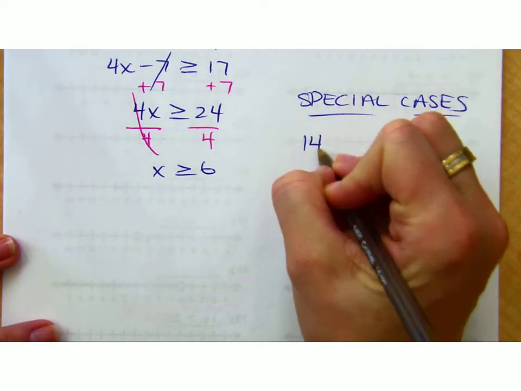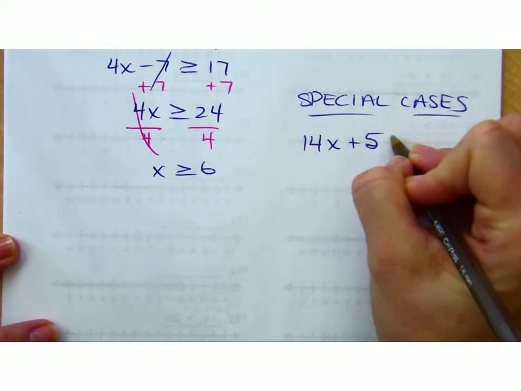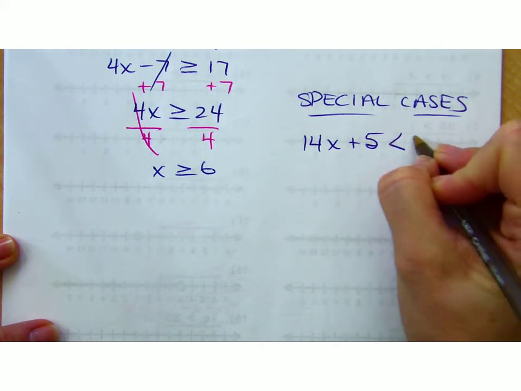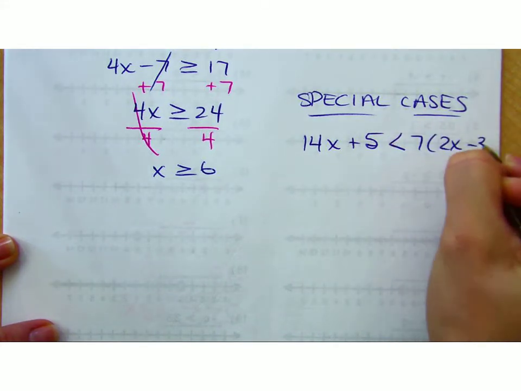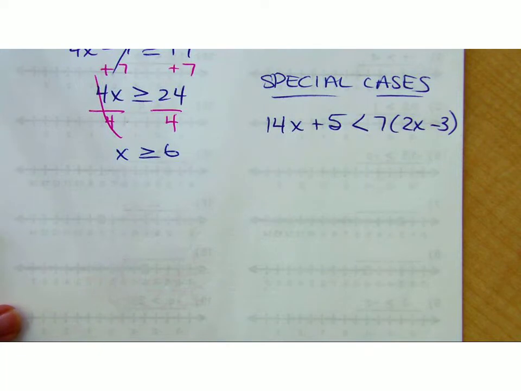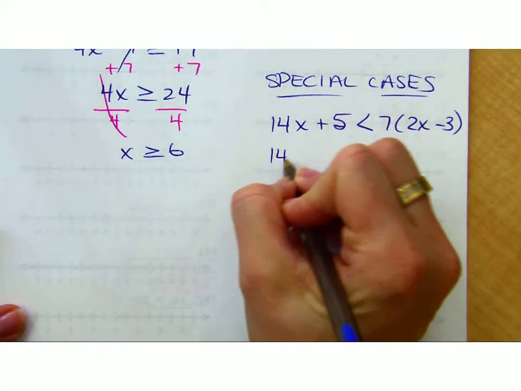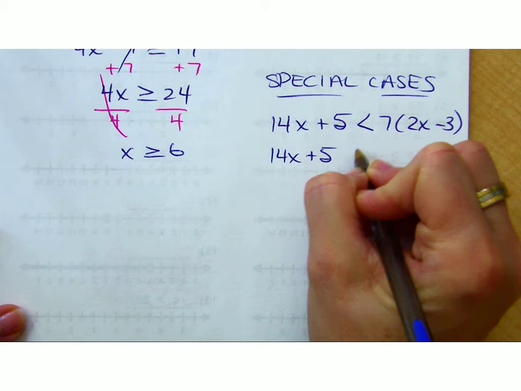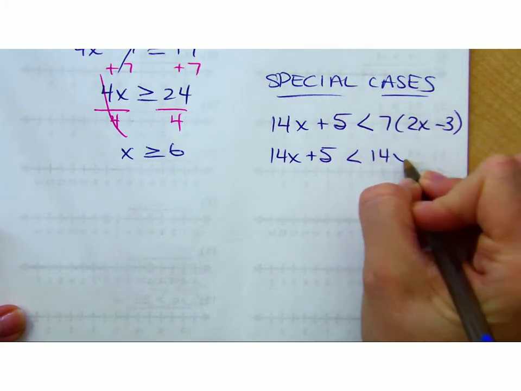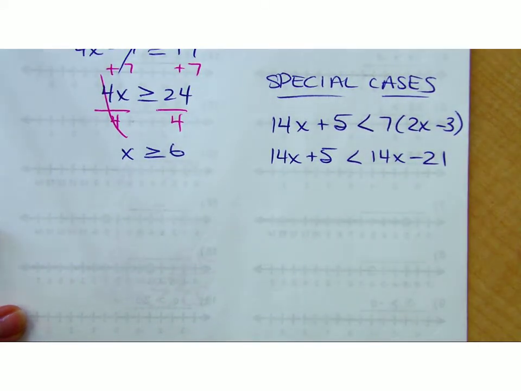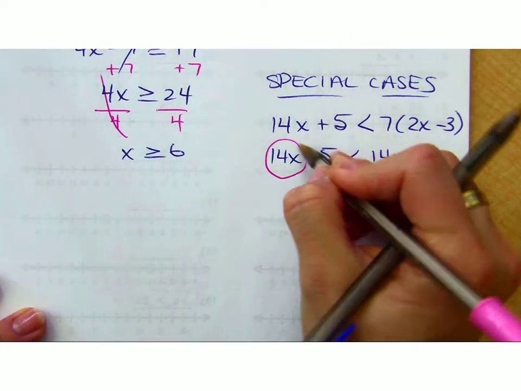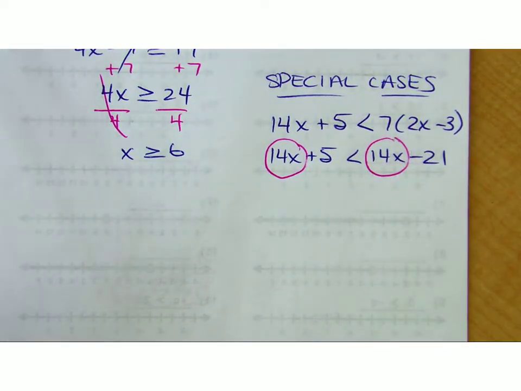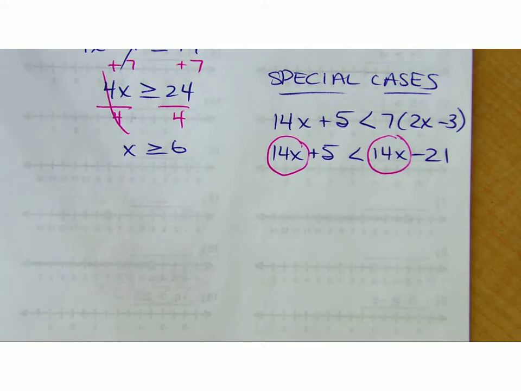If I have 14x plus 5, and that is less than 7 times 2x minus 3, if I were to just leave this, distribute that, okay? You know something's going on, kind of like when I went over your test with you. Remember how you know something weird's going to happen? This is going to either be no solution or all real numbers. There's no way I'm going to have an answer like this because the variables are going to disappear.